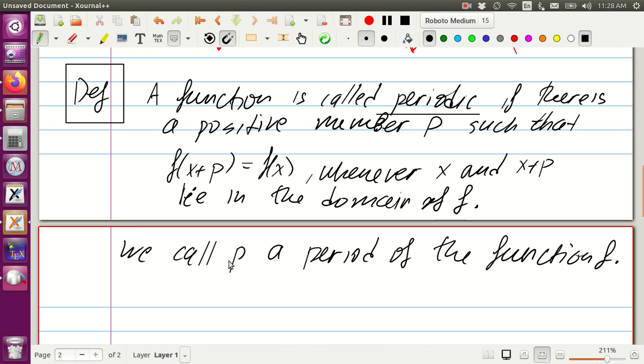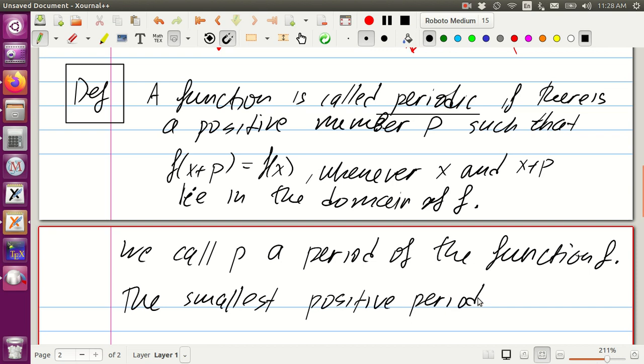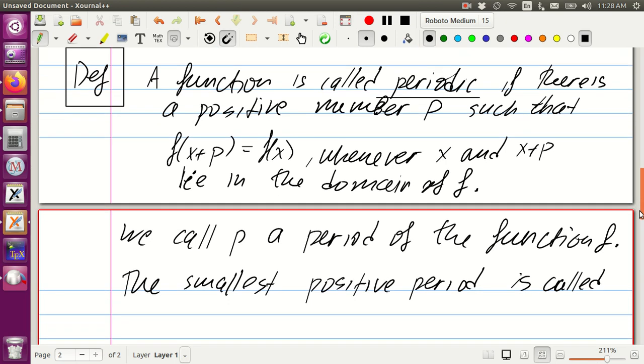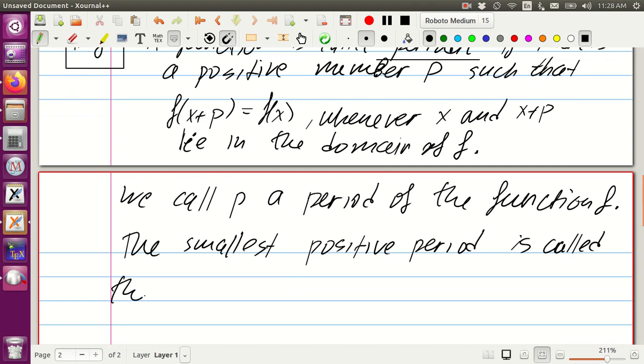The smallest p has a special name, so the smallest positive period is called the fundamental period of f.